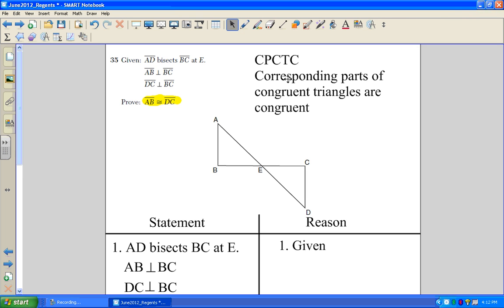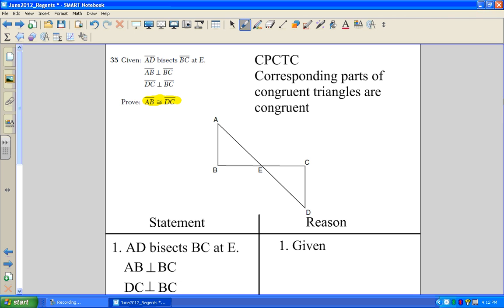CPCTC stands for corresponding parts of congruent triangles are congruent. So essentially what we're going to say is, look, AB has to be equal to DC because triangle AEB and triangle DEC are congruent. And if the triangles are congruent, then the corresponding parts are congruent.